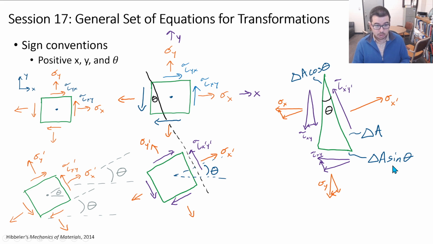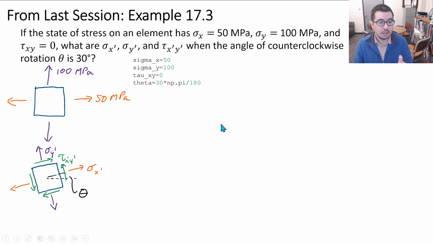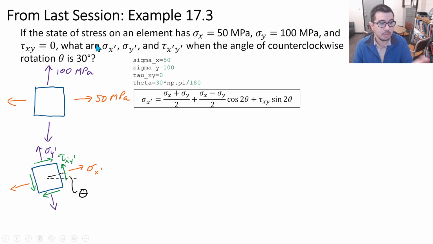So we have this general depiction, maybe I could have called it the general set of depictions, for rotating an element in plane stress. But here come the equations, with an example that we did from last time.